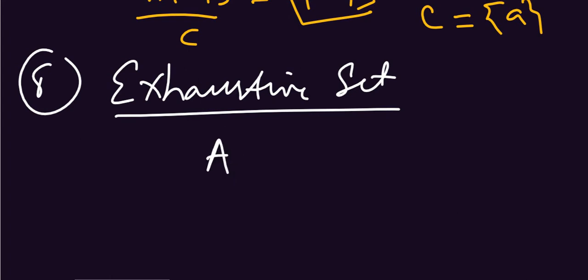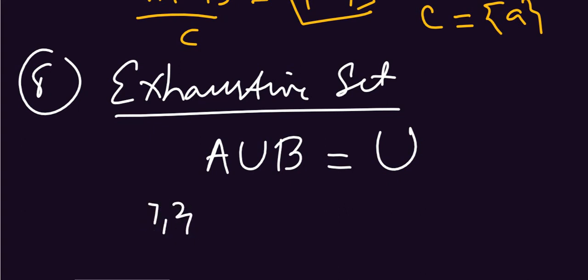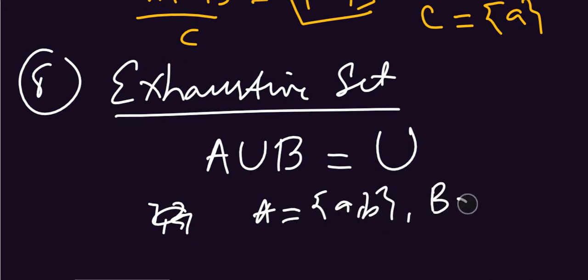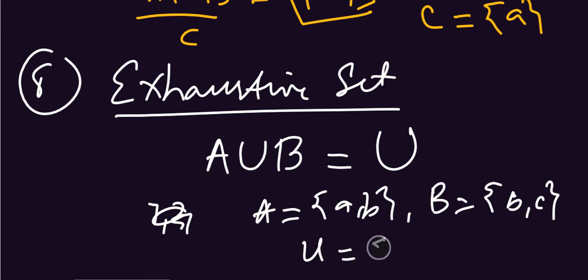Just like when we operate union on A and B and they give us the universal set, then these are called exhaustive sets. For example, A is equal to {a, b} and B is equal to {b, c}, and the universal set is equal to {a, b, c}.